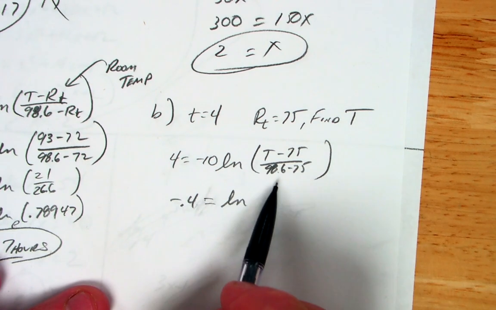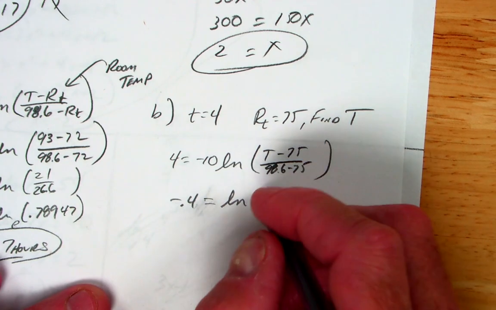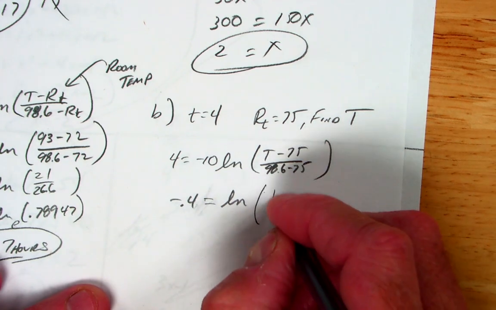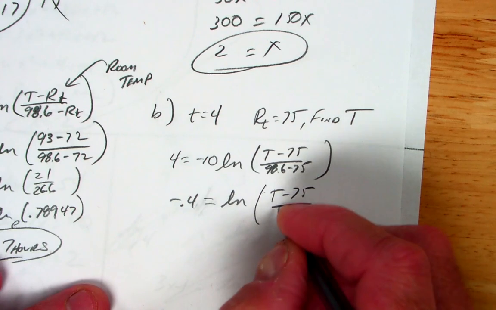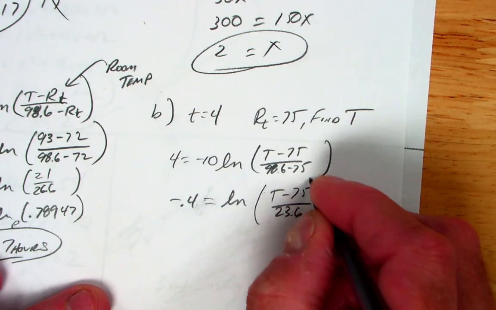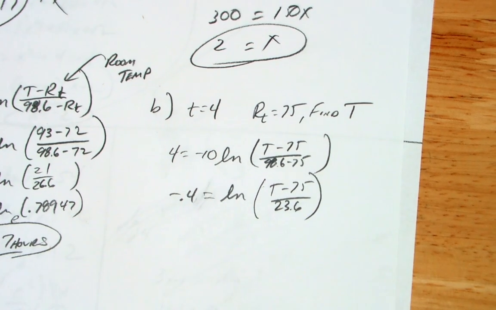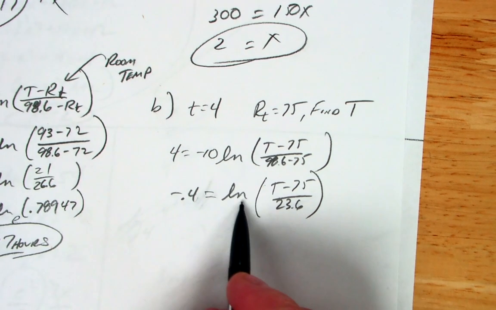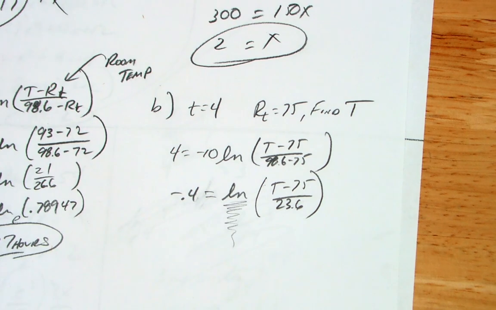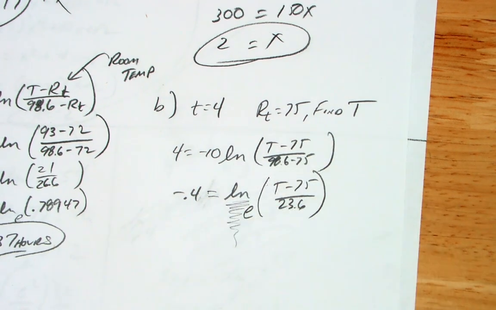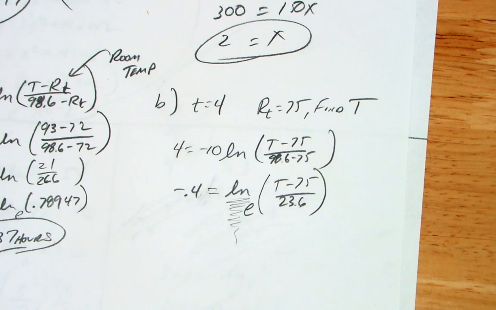No, because that's inside a log. Oh, yeah, that's inside a log, so we can't just peel it out of that. Okay, so we're all there. Now what? I've got to get rid of this. How do I get rid of that? Raise it to e. Well, this is a base of e. Oh, shoot. So now I just got to interpret what it means. What to the what equals what?